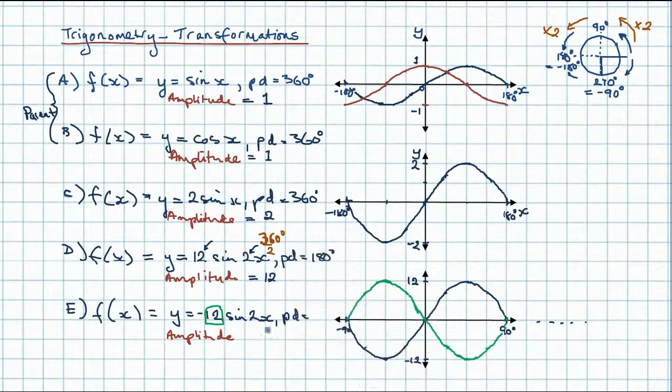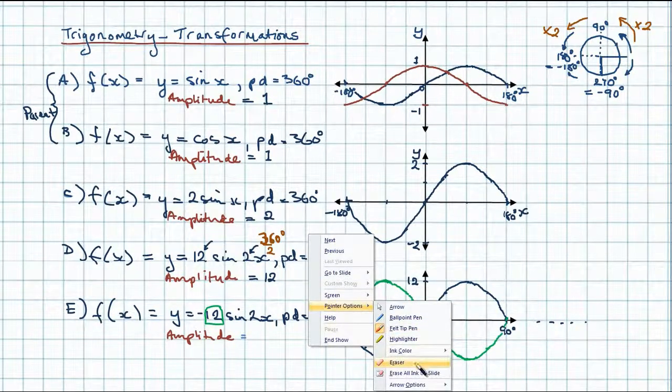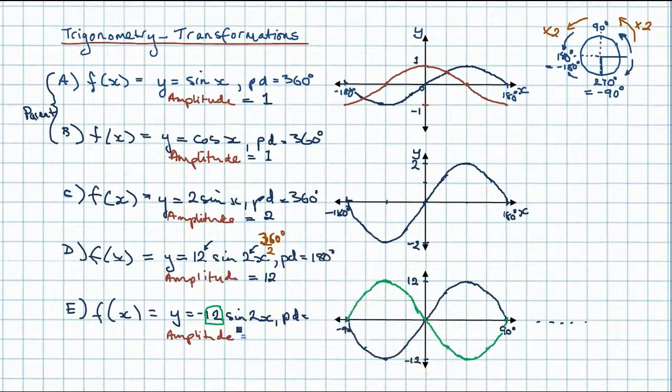In this case, the amplitude looks like it's going to equal 12, and in a sense it does equal 12. Let's just see why that's the case. We might be tempted to write -12, but let's have a look at our graph.